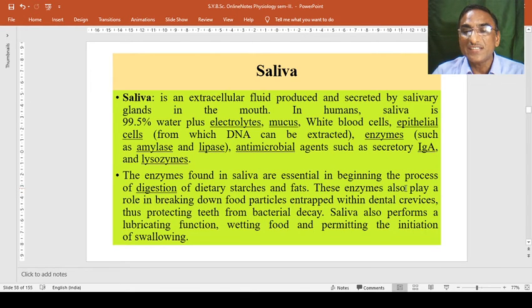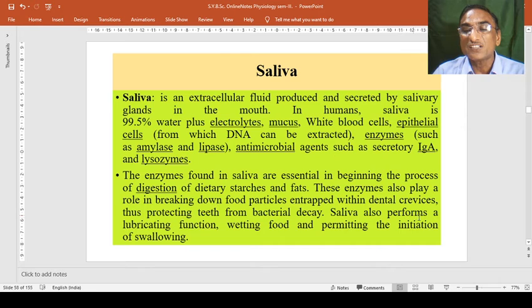These enzymes also play a role in breaking down food particles entrapped in dental crevices, in between two teeth, and thus protect the teeth from bacterial decay. So saliva also has antibacterial action and protects the body from bacterial decay.